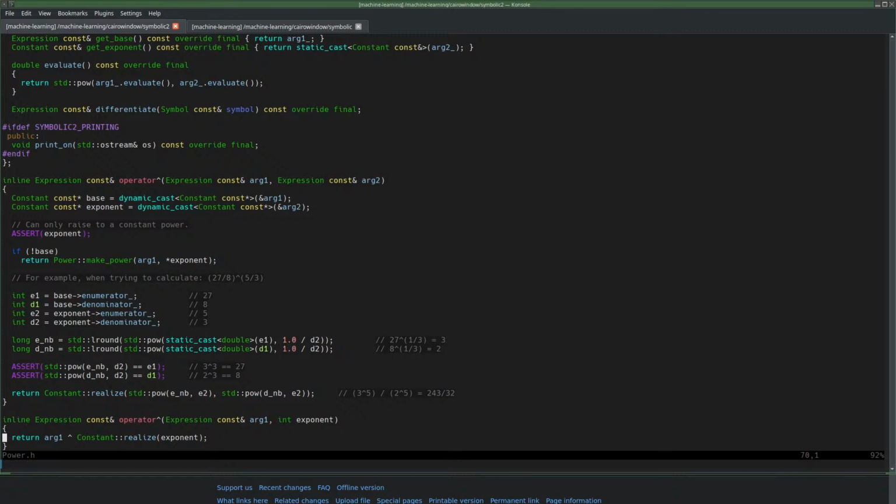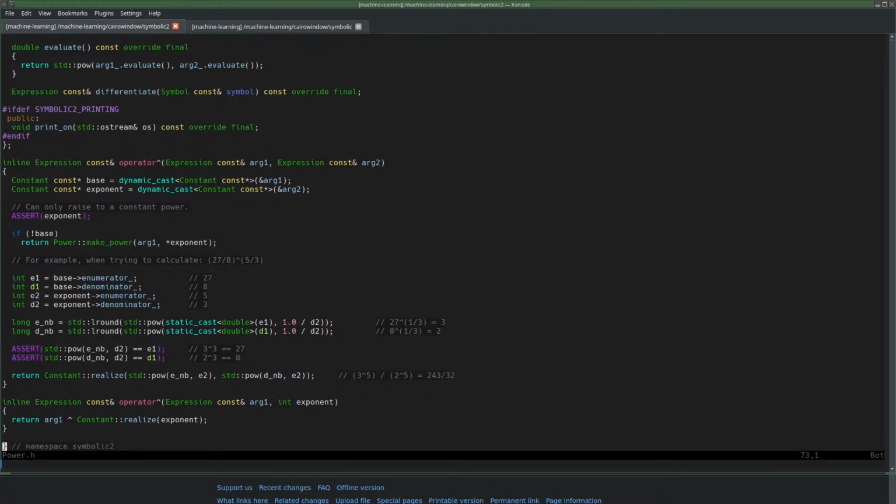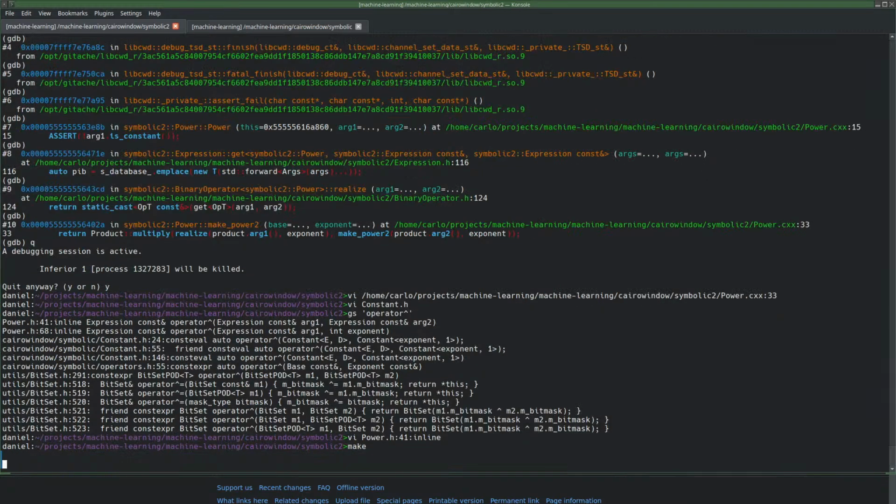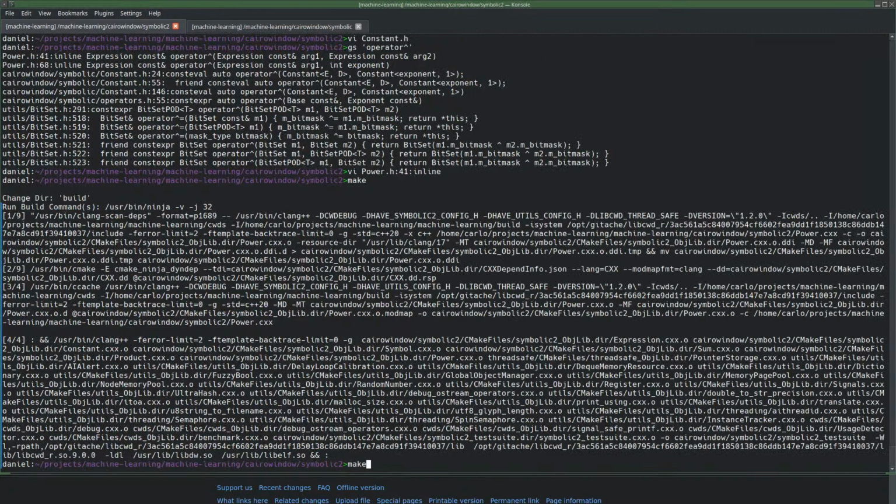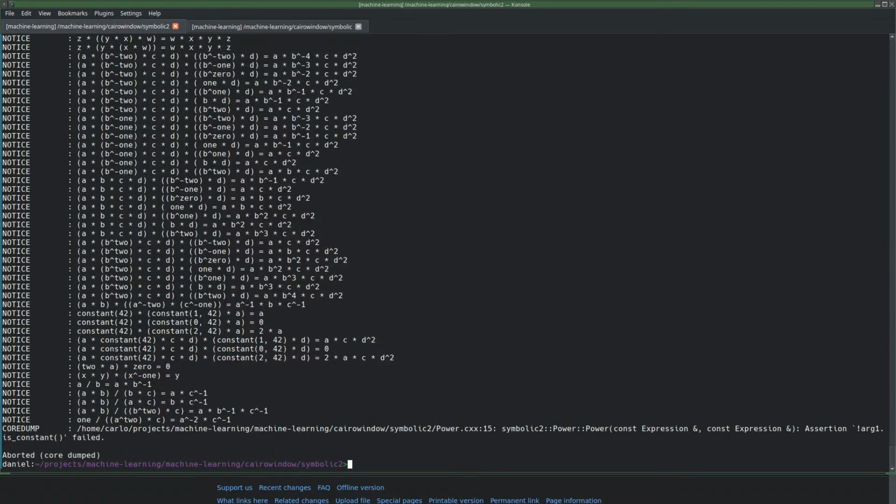Yeah, I guess this is ugly, but it just might work. Still don't get past that point. Not argument 1 is a constant. Again? Huh?